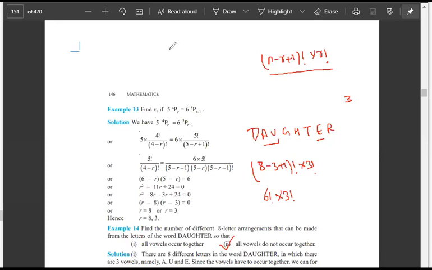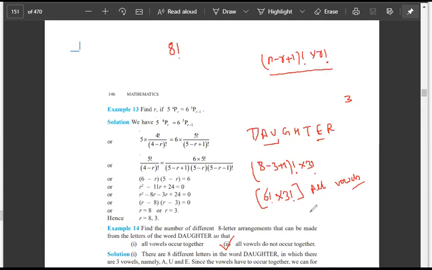Tell me. The total number of arrangements will be 8 factorial. Agree? And this is the number of ways in which all vowels are together.